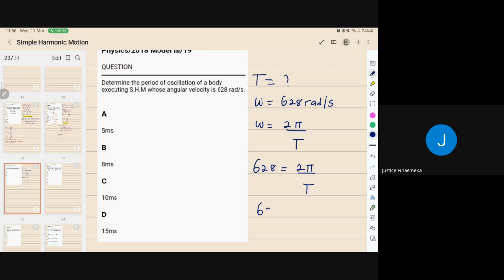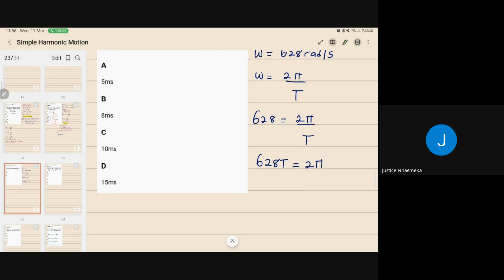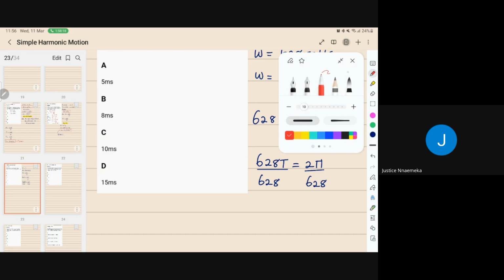When you cross multiply, you have 628T is equal to 2π. So you now go ahead and divide both sides by 628. Then the 628 cancels here, so we can now estimate the period.